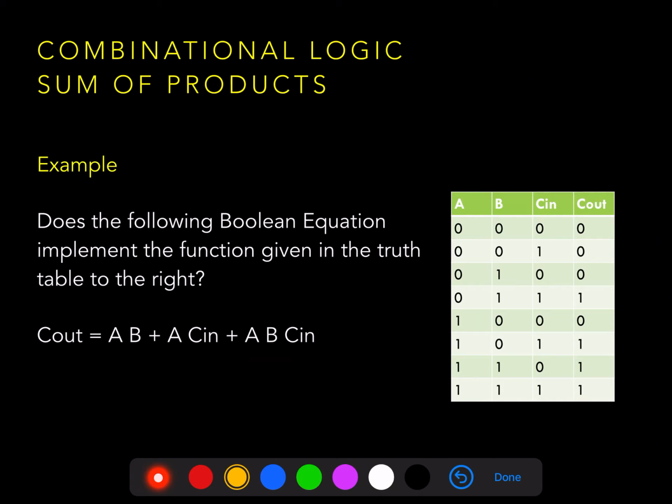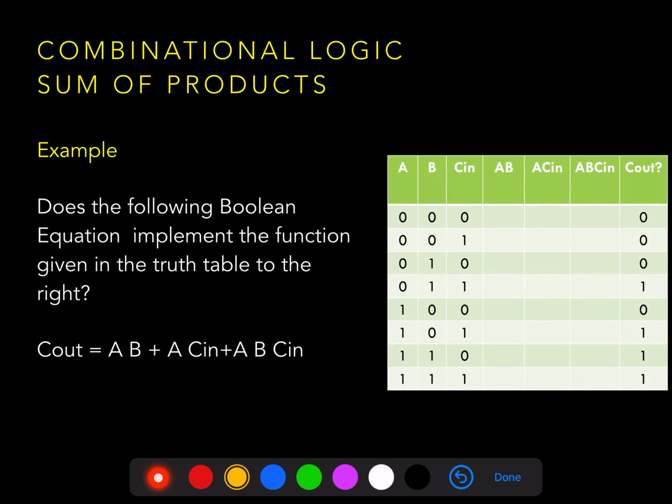In this next example, let's see if the sum of products expression shown here is actually accurate for producing the output C out. To do that, we'll look at each term individually and then OR them together. So the first term is A and B, which is only high when both A and B are equal to 1. And that gives us mostly zeros except the last 2 lines of the truth table here.